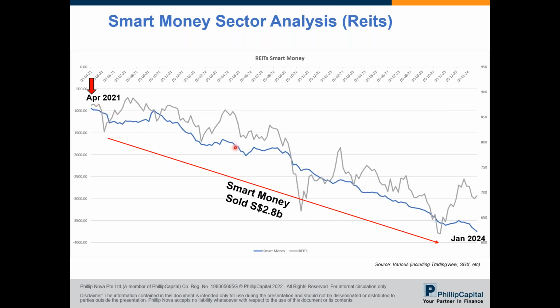Since April 2021 until recently, smart money has sold about 2.8 billion worth of these REITs stocks. Yeah, and that's the reason why REITs are struggling to do well, because the smart money are selling.